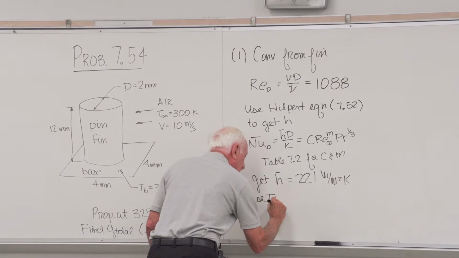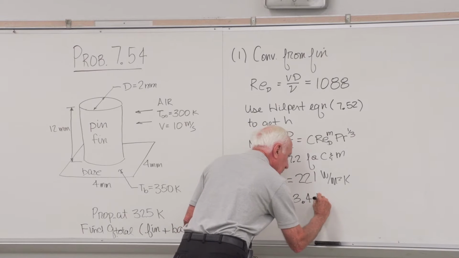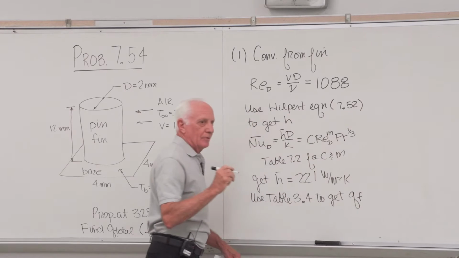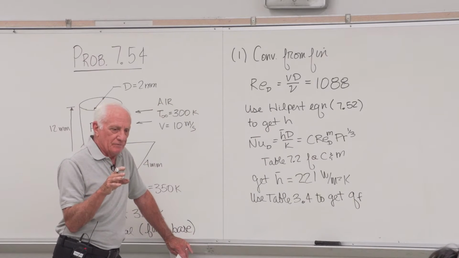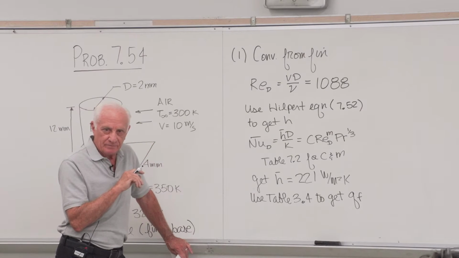We used table 3.4, we said last time, to get q fin. Remember table 3.4, fins of uniform cross-section. This is a fin of uniform cross-section.